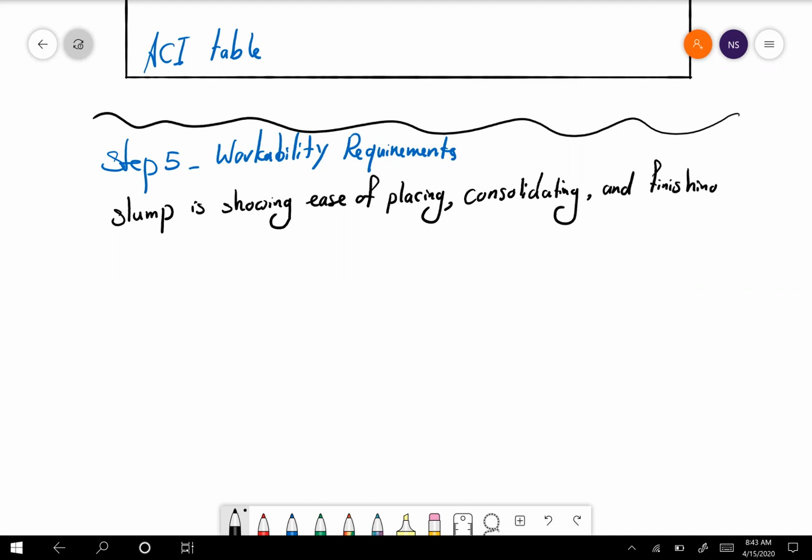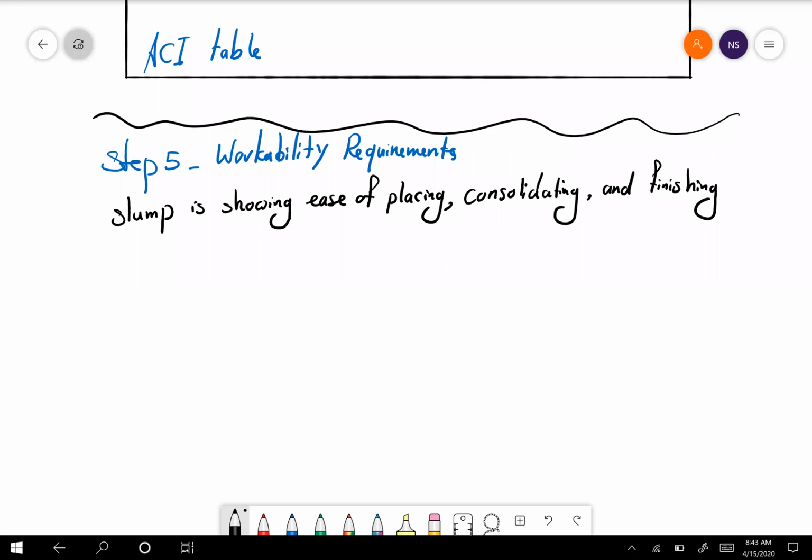So when we are measuring a slump, we are basically measuring how easy it is to place the concrete, how easy it is for the concrete to consolidate, and how easy it is to finish the concrete for a smooth surface.